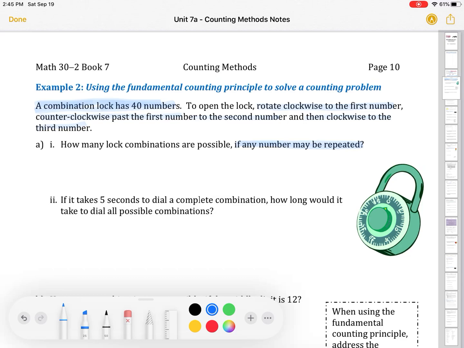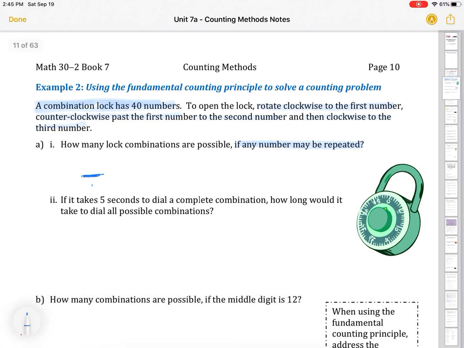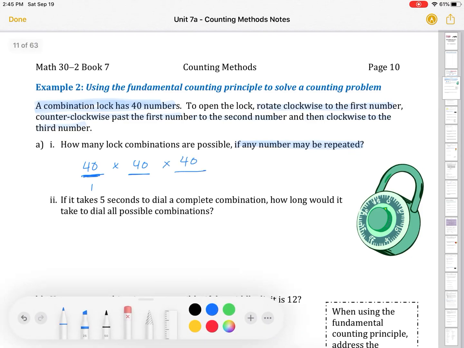So we can use all 40 numbers each time. You can have a combination of 30, 30, 30. Okay? So we have to think about each choice. In the first possibility, we have 40 options. In the second possibility, we have 40 options.